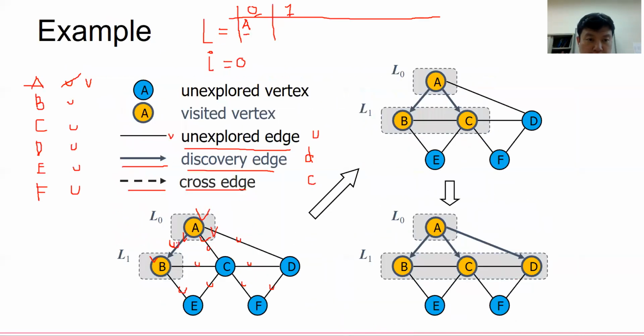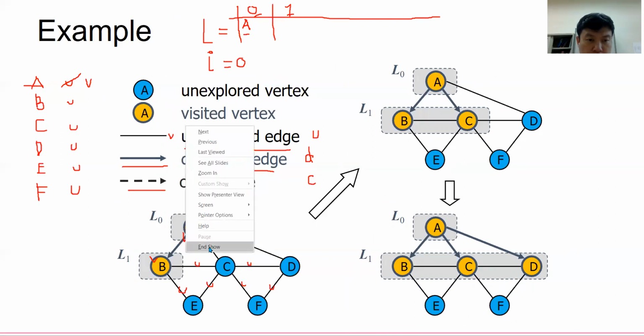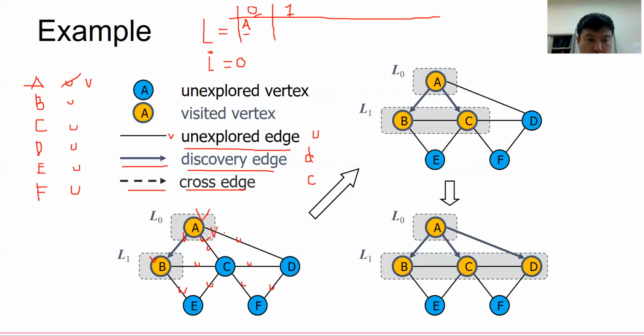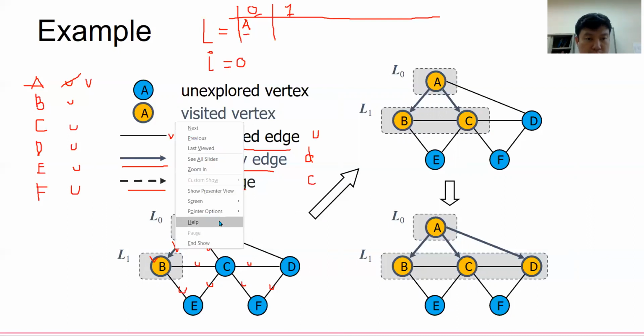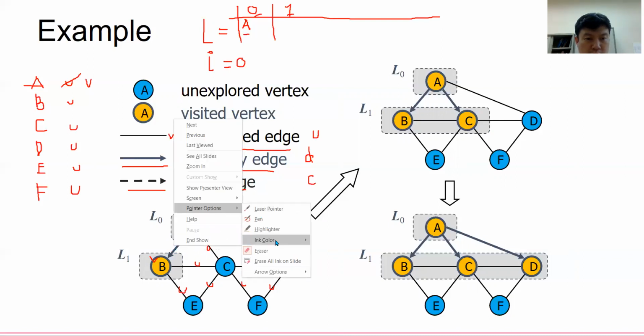Then I need to change this one. It's not U anymore, right? I changed it to V. Maybe it's better for me to draw in a different color to avoid the confusion.